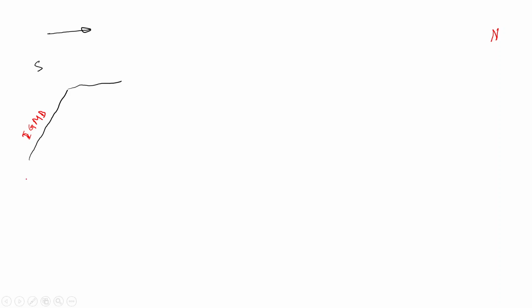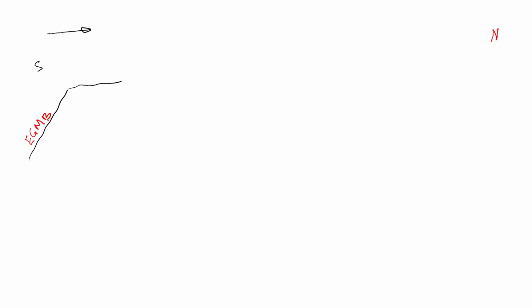Just hold on, guys. Let me make the screen proper for you so that there is no problem writing it. Okay. So on the southern portion, there is the Eastern Ghat mobile belt.